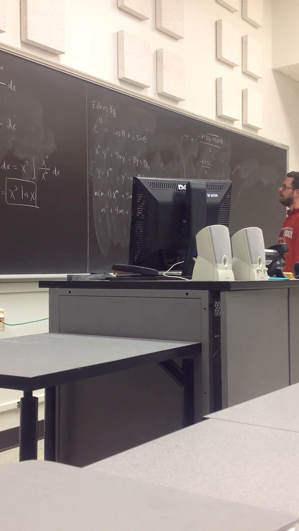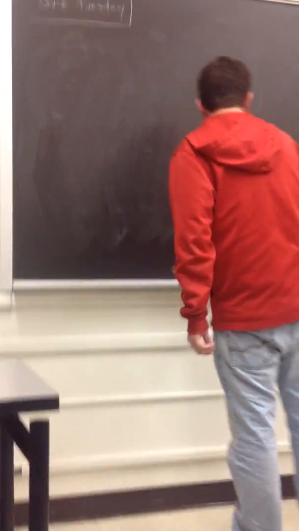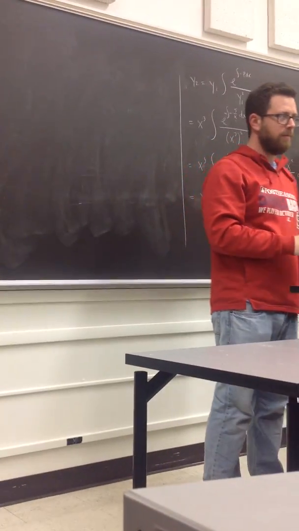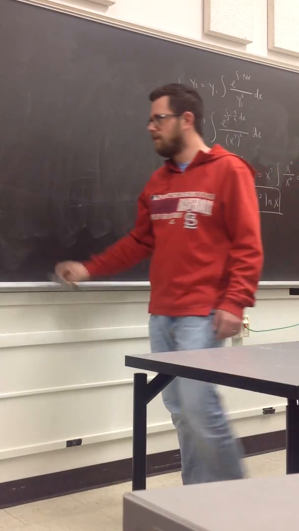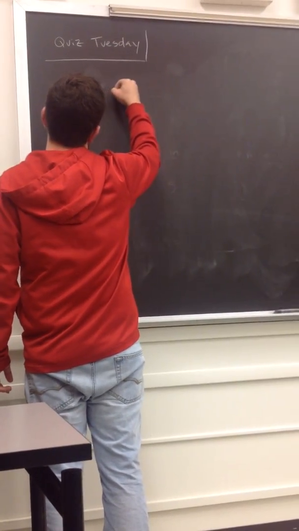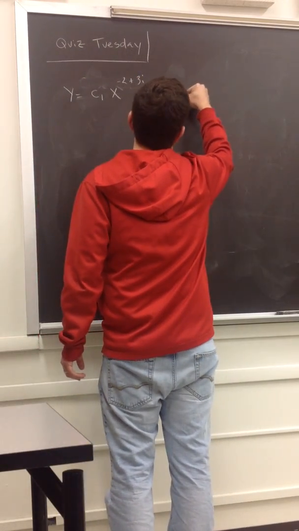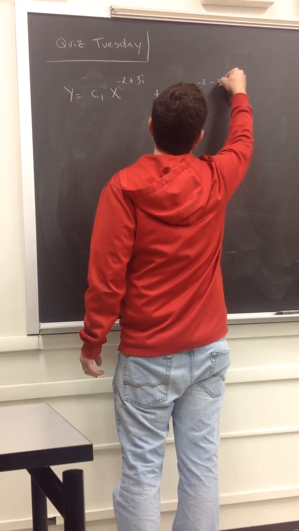Bear with me, I'd rather not just say these are the solutions. But after this, you can appeal to the form of the solution. The general solution is C1 x to the minus 2 plus 3i, plus C2 x to the minus 2 minus 3i.